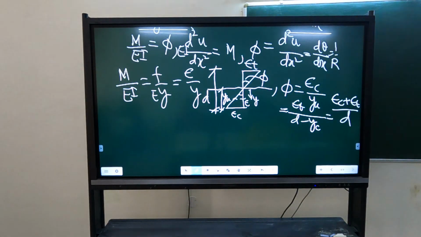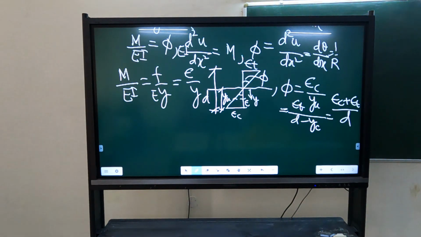And we will see, even when the stress becomes nonlinear, we continue to assume that the strain variation is linear. What is the basis of this assumption that the strain will remain linear? Plane sections remain plane after bending.